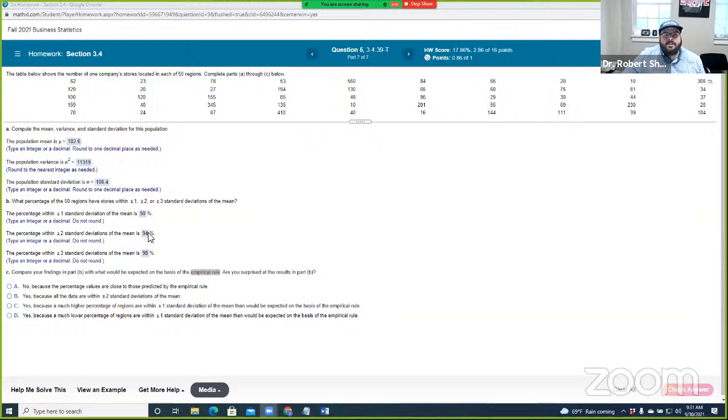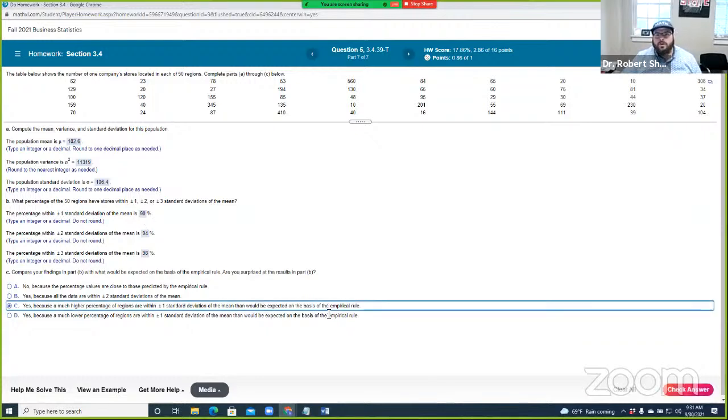Two standard deviations is 95%, and then three standard deviations is around 99.8%. Depends on the textbook, actually, and the author. But that last question asks you, well, what should we have gotten? What are you surprised by? I can tell you it has to do with this first standard deviation because it's a lot larger than what it should be.